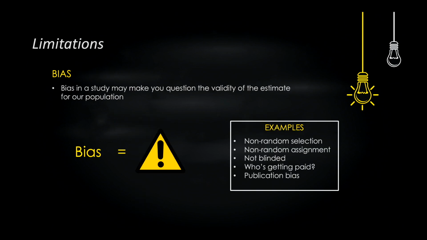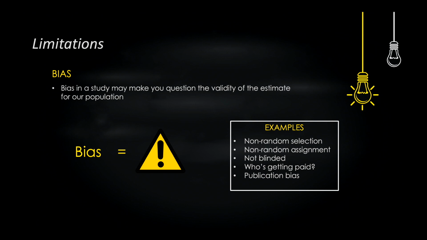The last limitation I want to talk about is bias. Bias in a study may make you question the validity of the estimate for the population. Some examples include non-random selection, which basically means that patients weren't randomly chosen from the population; non-random assignment, which means that when patients are placed into either the placebo or the intervention group, they weren't randomly placed there; and not being blinded. What happens if the patient knows they're taking the placebo medication or the intervention medication?